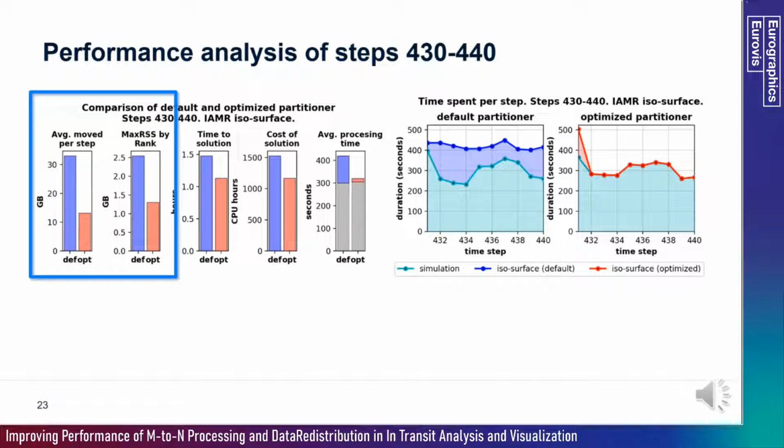In terms of the amount of data moved on average per time step, the optimized partitioner moved about a third less data. In terms of the memory use, the optimized partitioner used about half the amount of memory.